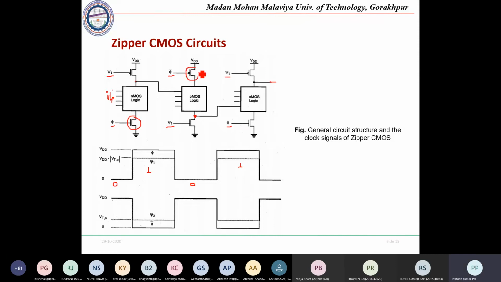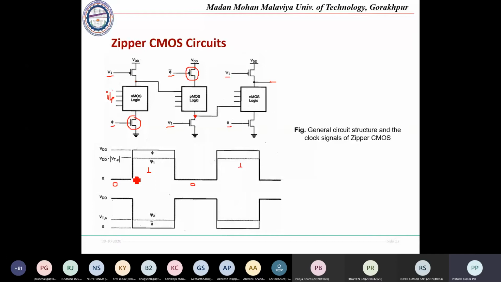So at that time, if this is on, then whatever the input configuration is, based on this configuration, the value will be changing. Okay, this is the phi.